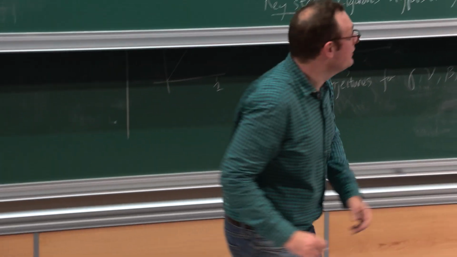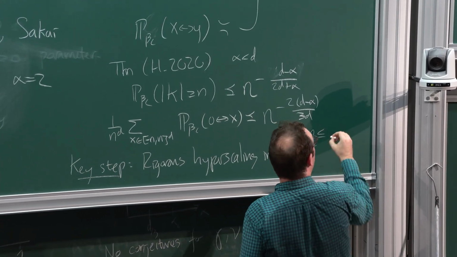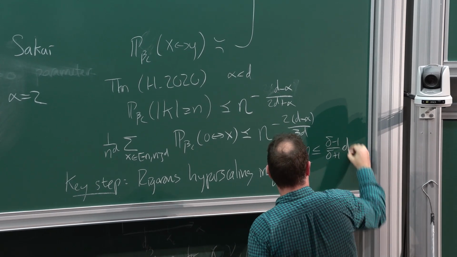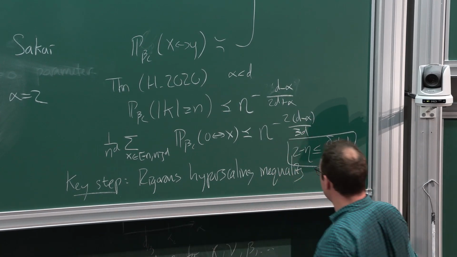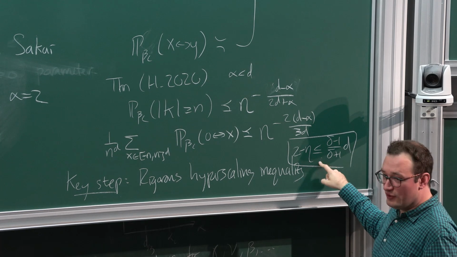Which is 2 minus eta bounded above by delta minus 1 over delta plus 1 times d. Okay, so we'll see. I'll prove this to you later.